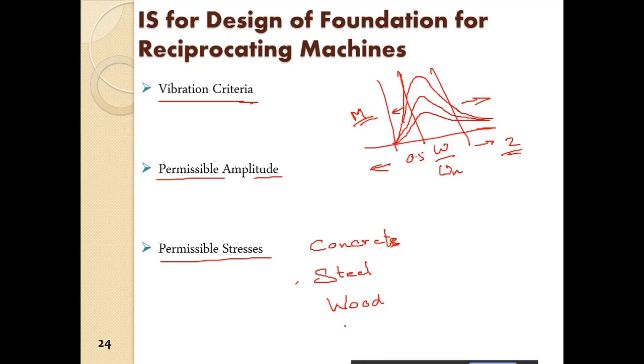For all the materials used in the foundation, it has to be kept in mind that the permissible stresses in these materials do not exceed what is specified. For concrete definitely we can look into IS 456.